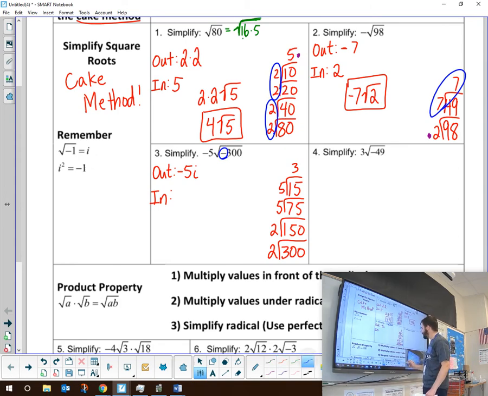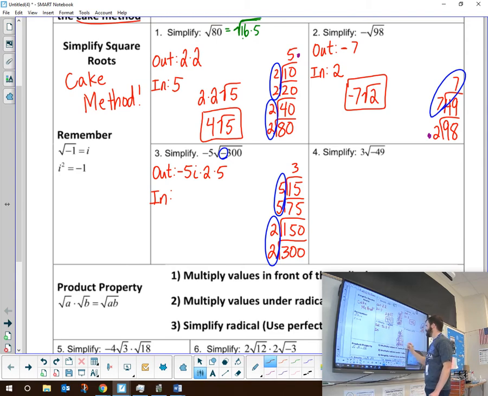Okay, so anyways, I can circle these, and I can circle these, because I know if there's pairs of them, they're going to go to the outside. So I'm going to pull out a 2 and a 5. Remember, we need 2 to bring out 1. 2 to bring out 1.